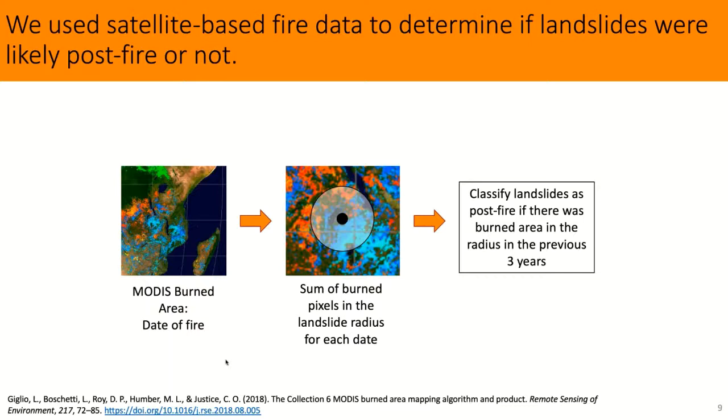So then what we do is we just check within the landslide radius for each date if there's been any fire, and add up that fraction of the area that has been burned within the previous 3 years, the 3 years prior to the landslide. And then we classify landslides as post-fire if there was any burned area in there at all in those previous 3 years.